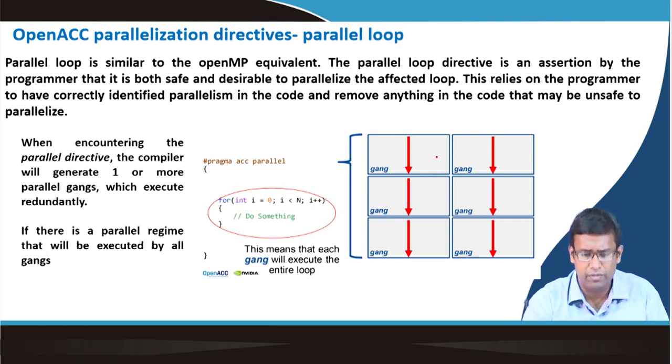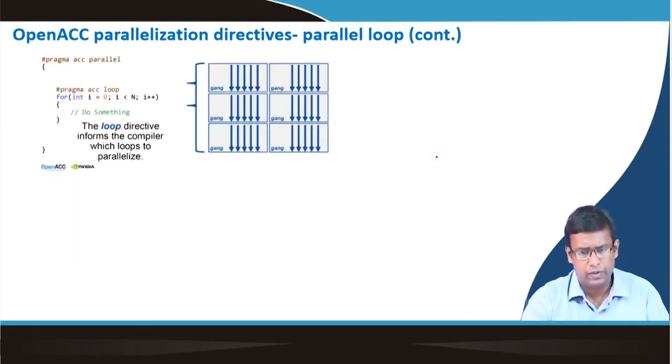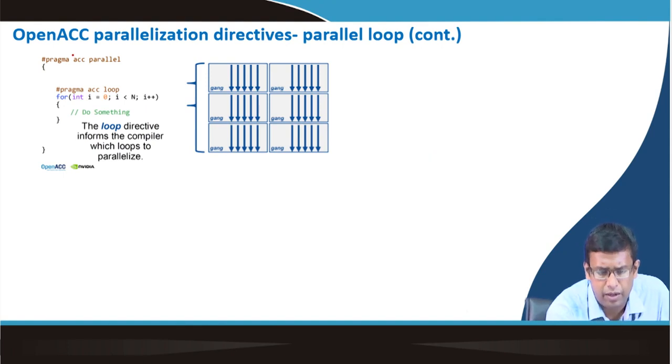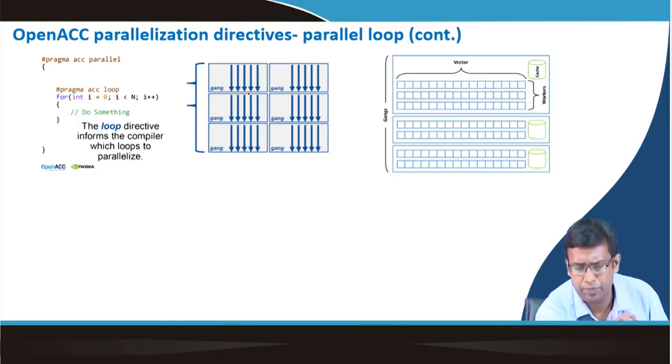If there is a parallel regime, that will be executed by all the gangs. If there is a parallel loop, then each gang will take part of the iterations. Say we have pragma acc parallel, and then pragma acc loop. That means this for loop has to be parallelized. Then each gang will take some iterations of the loop and run them in parallel.